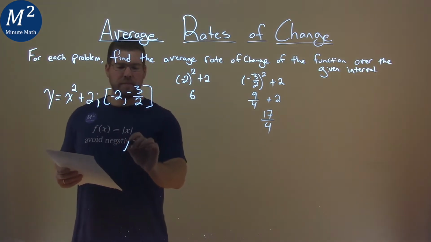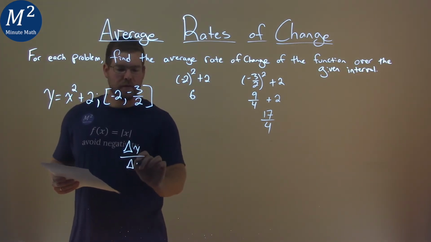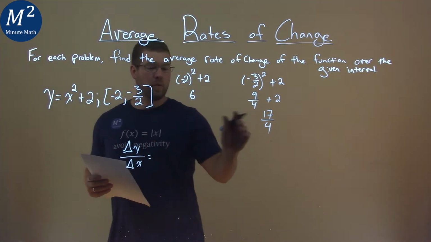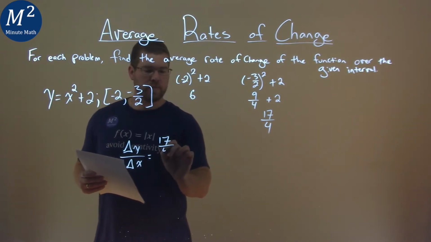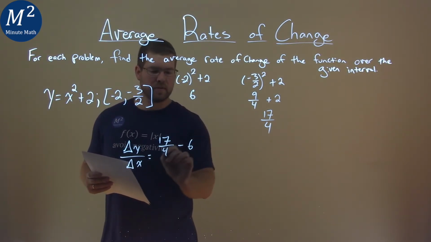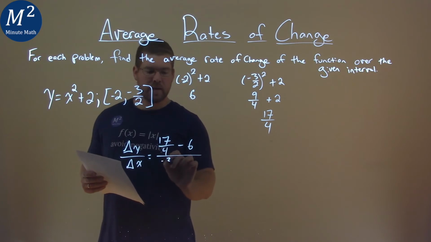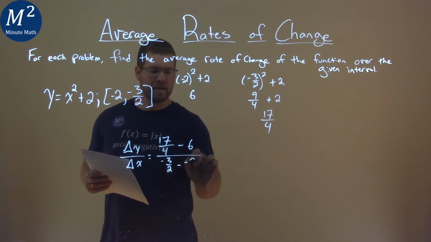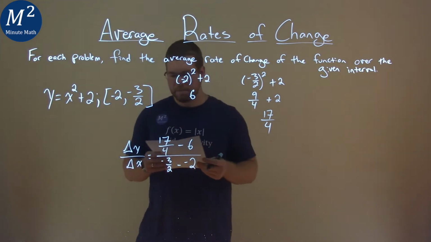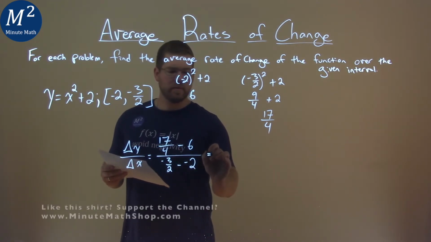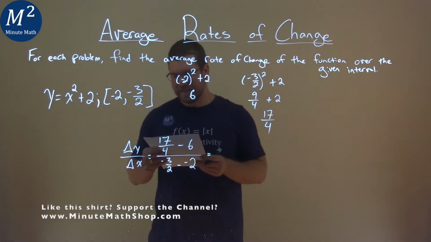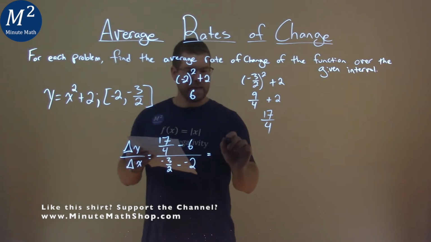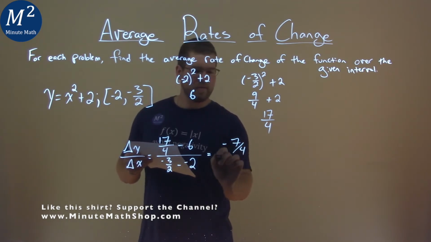Our delta y over our delta x is equal to our y2, 17/4, minus y1, 6, over negative 3/2 minus a negative 2. Okay? Well, what does this come out to be? Well, 17/4 minus 6 comes out to be negative 7/4 as a fraction.